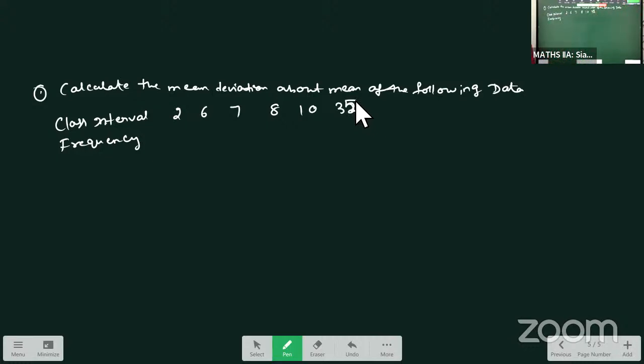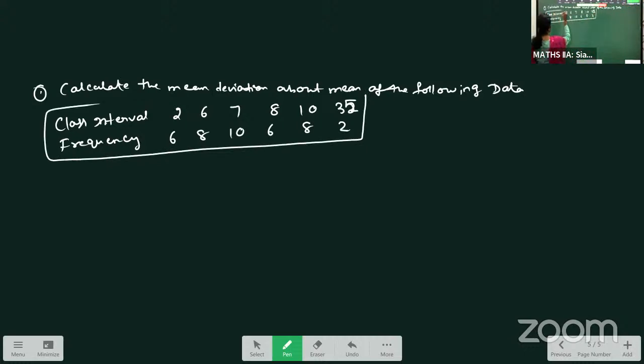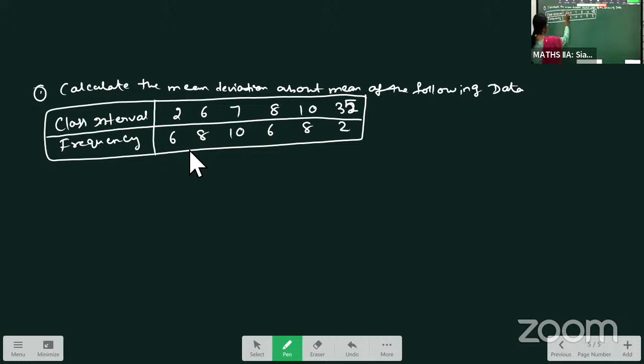Under frequency, the values are 6, 8, 10, 6, 8, 2. So this is the question given. By using this table, we have to find the mean deviation about mean.